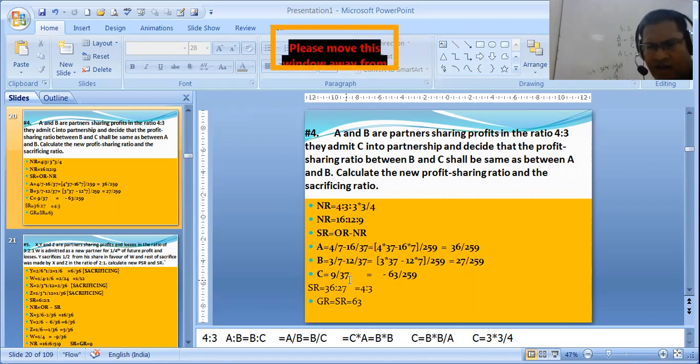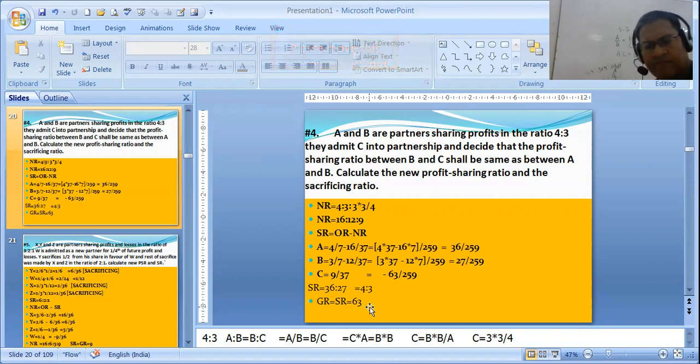C was coming for 9 by 37. Making it the same 259 denominator, I multiply both numerator and denominator by 7 and get 63 by 259. For the new partner it is always minus, because it is old minus new and there is nothing in old. So minus 63, and 36 plus 27 is 63. That means SR is equal to GR in this sum also.